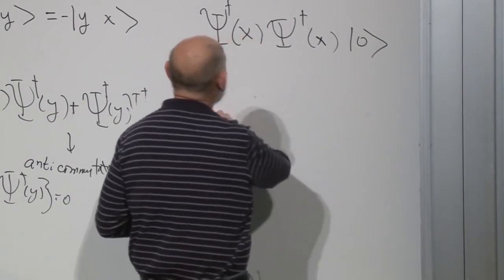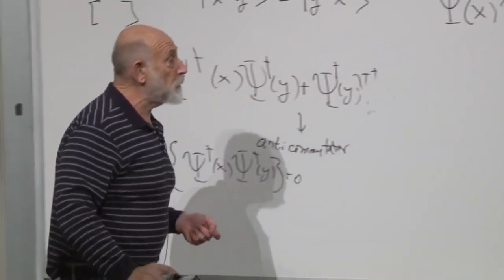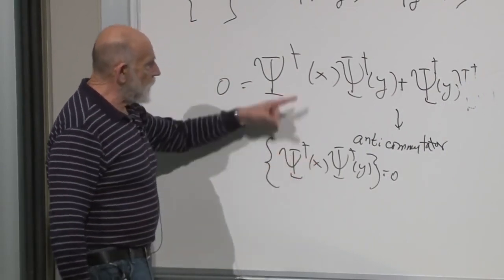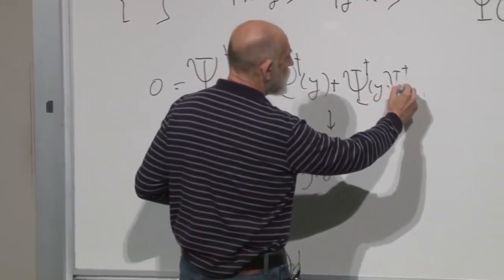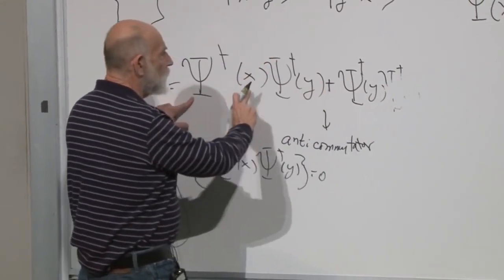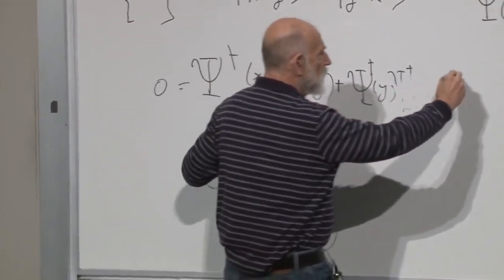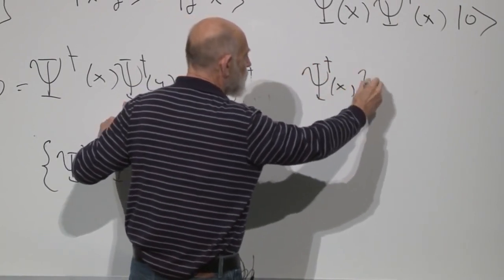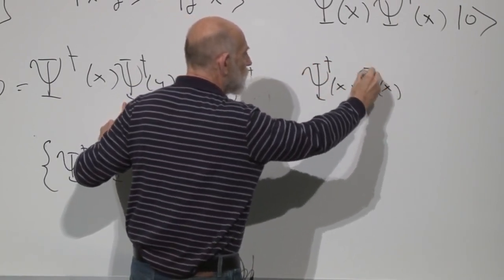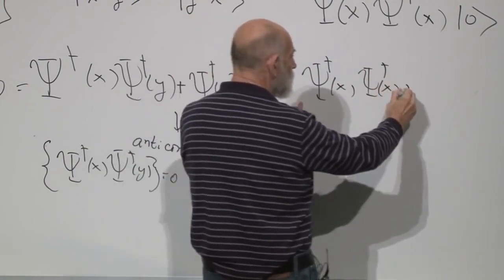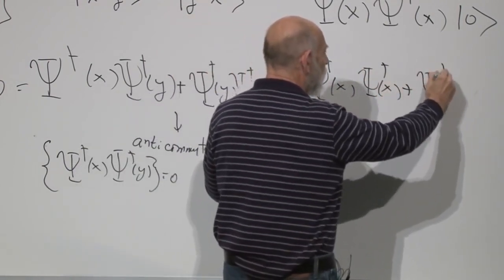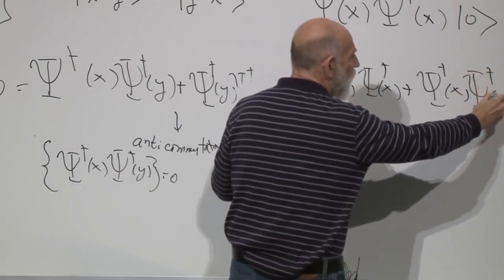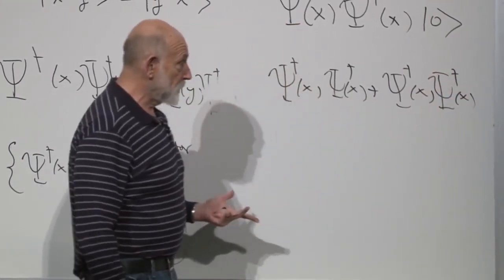That corresponds to acting with creation operators at the same point. But this equation over here tells us that psi dagger of x times psi dagger of x, plus psi dagger of x times psi dagger of x, that's the anti-commutator of psi dagger x with itself.